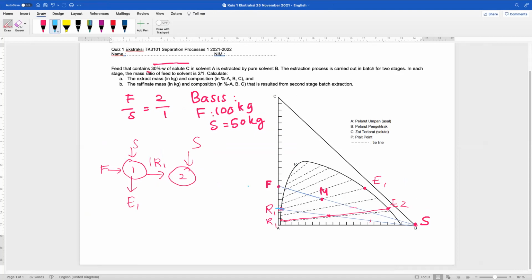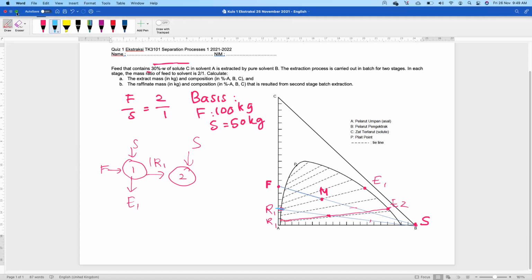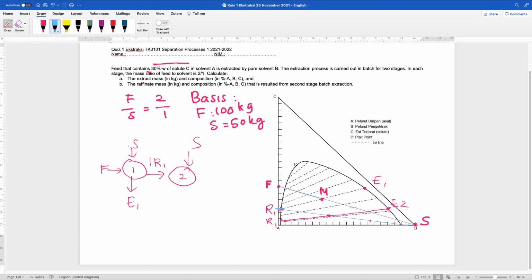Please solve it and submit it, and then I will have a quick check. Okay, but first, please, we have to understand the basics for that one. Okay, now, any questions regarding the quiz before we move on to the countercurrent extraction?